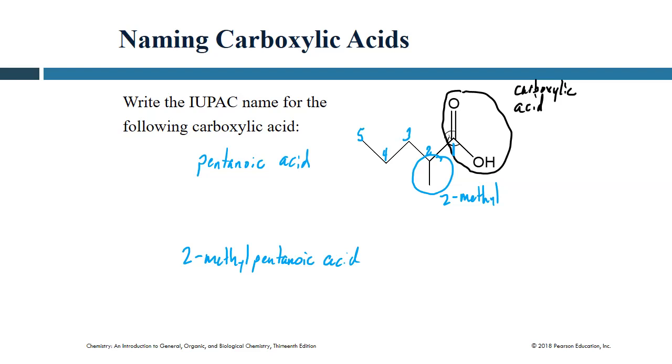So the last terms are always shrunk together. There is a space between pentanoic and acid, but there is not one between methyl and pentanoic. It's always the case. The last terms of the name are always put together, unless you have to signify it by a number.